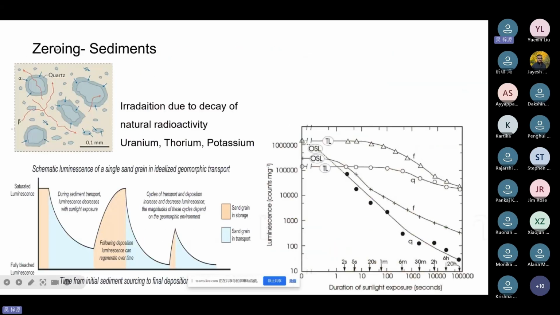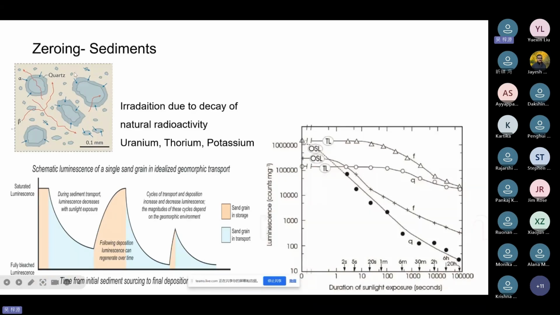So you have a mineral in the environment, and you are essentially exposing it to a radiation field arising from the decay of uranium, thorium, and potassium, and they are bombarding the mineral in a variety of manners. Alpha particles have a small range, so only the skin is irradiated, whereas the beta and gamma rays will go through the crystal.